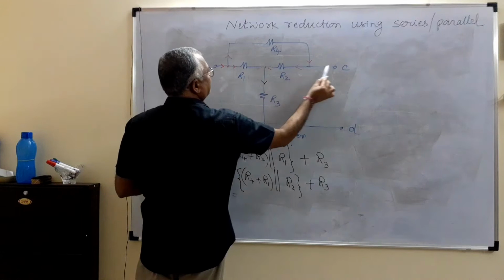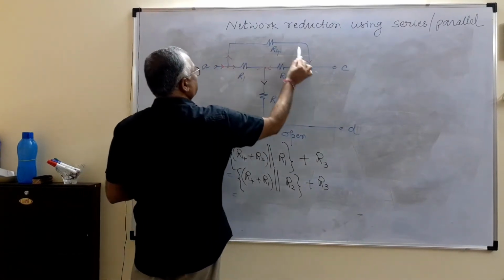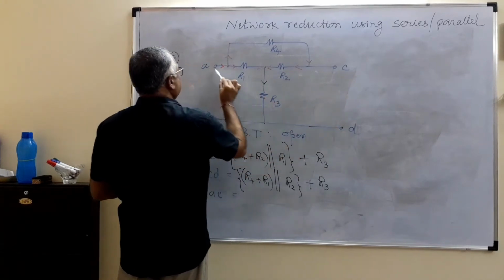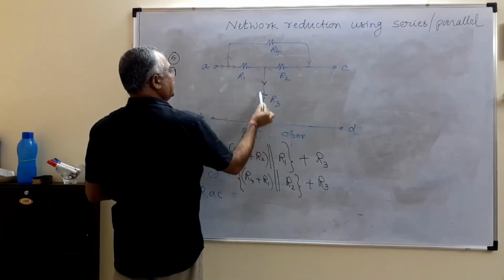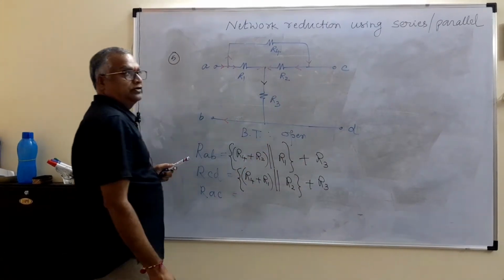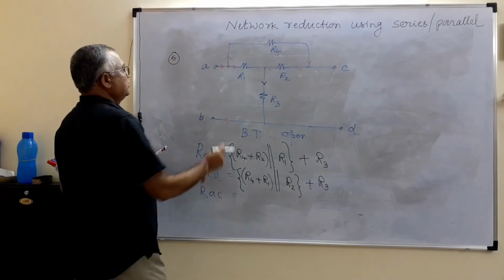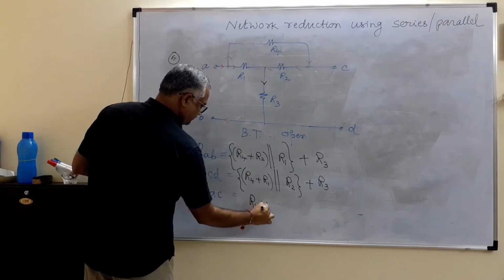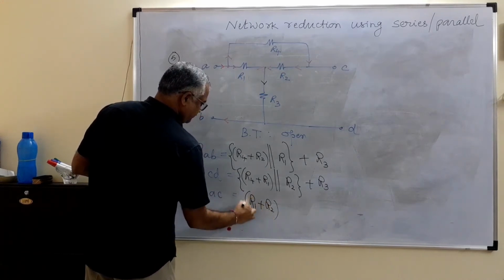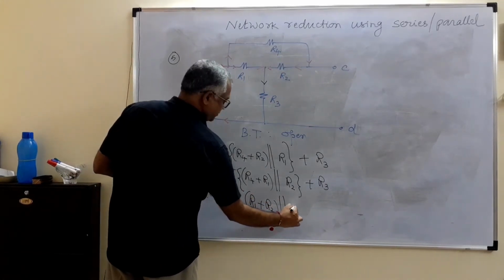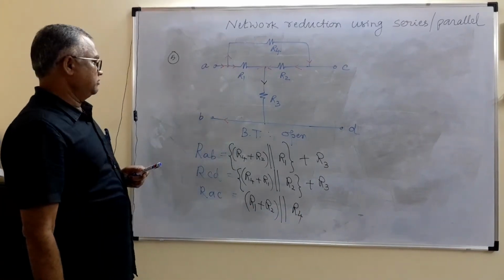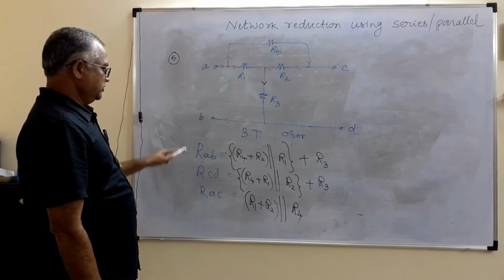This is one way. This is another way. You can't go like this, open. You can't come here again like this, you can't go. So finally, R1 plus R2 is parallel with R4. So these are the three.